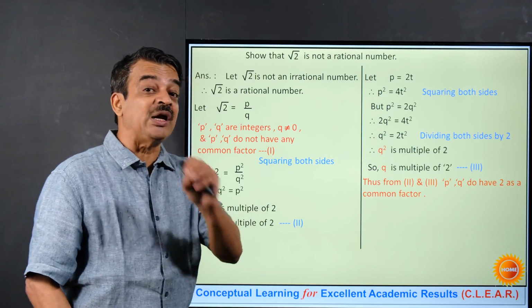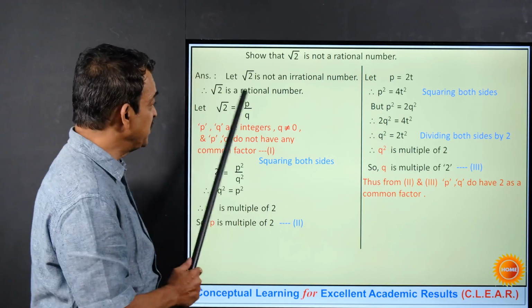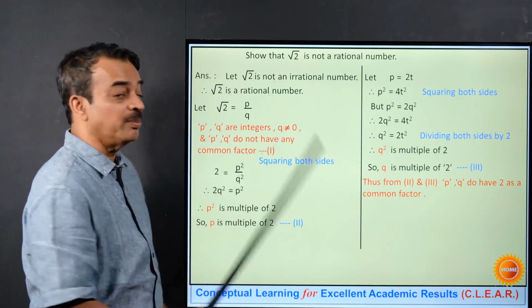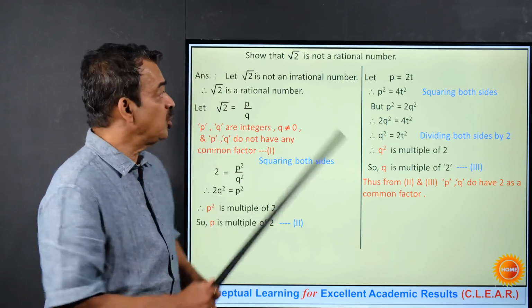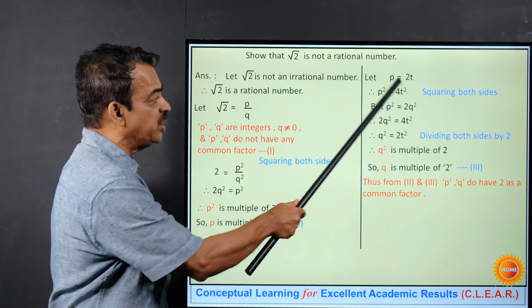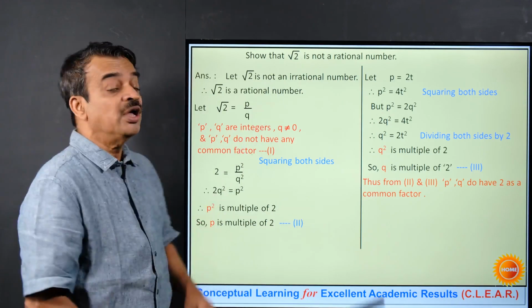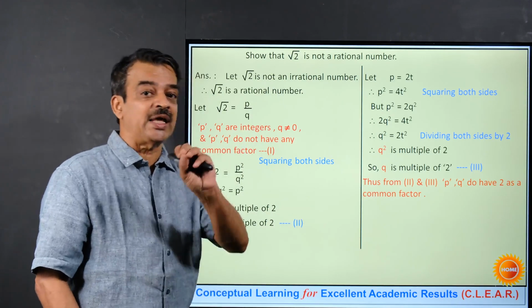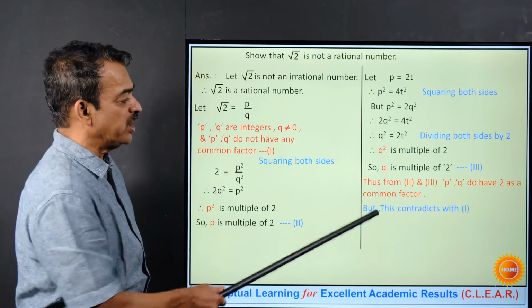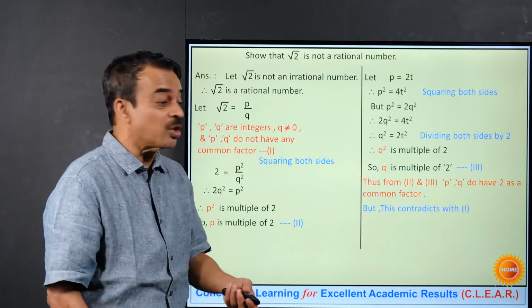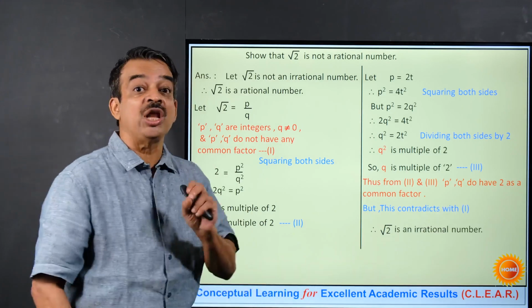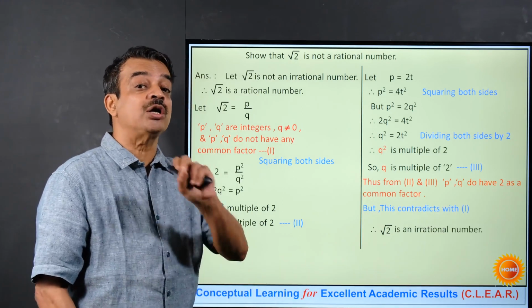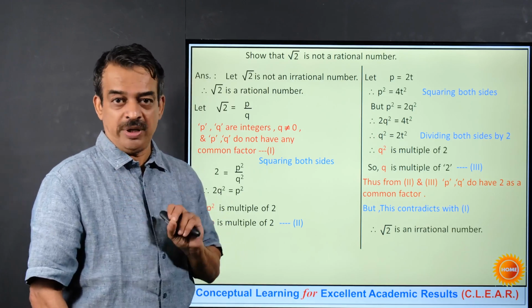You will ultimately blame this statement, that whatever we have assumed itself was wrong, because we have got all these statements because we started with root 2 is a rational number. So my conclusion is, as I said, it is a contradiction. Root 2 is an irrational number. That is, it is not a rational number.